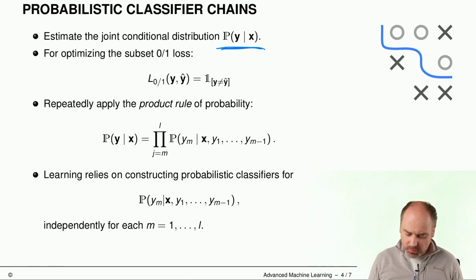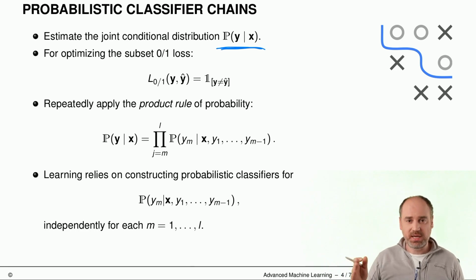We write down the density of y1 times the density of y2 given y1, always conditional on x, which I will leave out of laziness. And then times the density of y3 given y1 and y2, and so on, and so on.